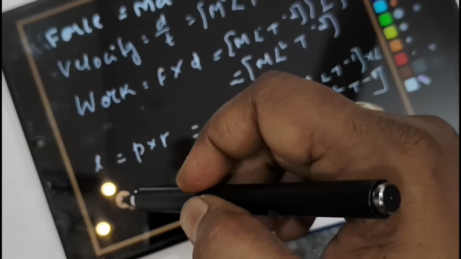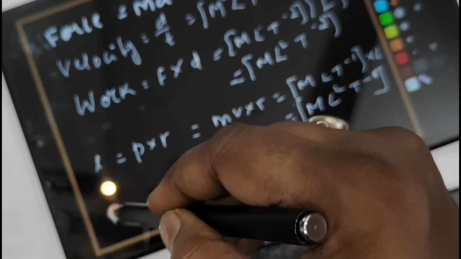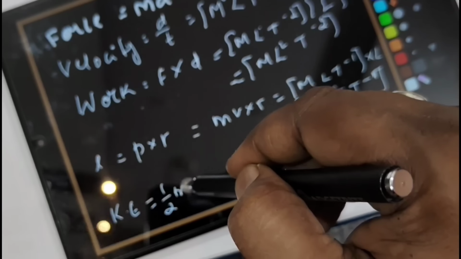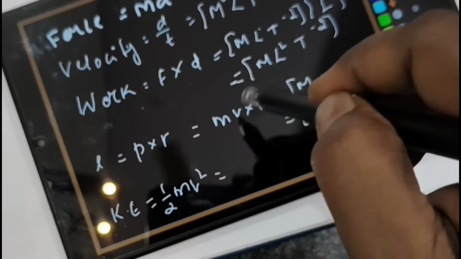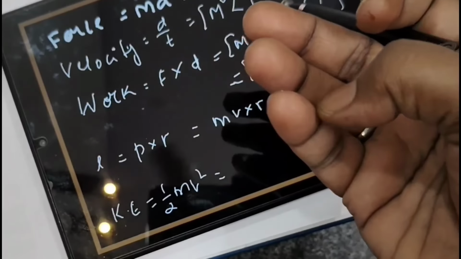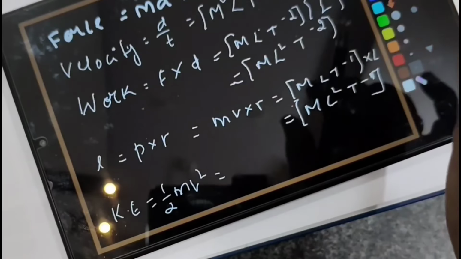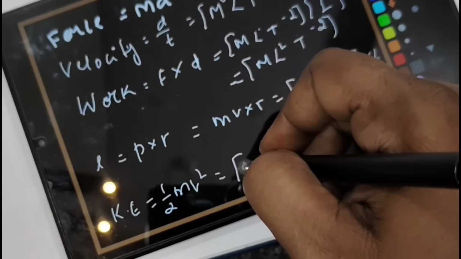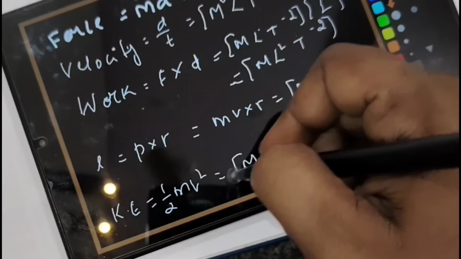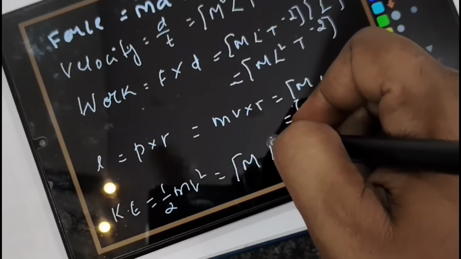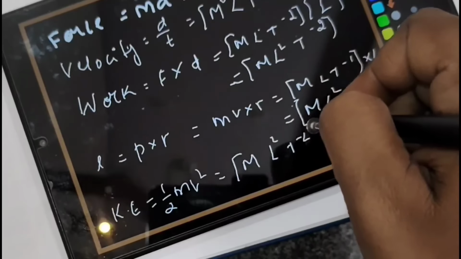Right? Okay. Now let us see the kinetic energy. Half m v square. So half we will not consider because it is a constant. So dimensions cannot be taken for constants and trigonometric functions. So here m is capital M and v square, that is the velocity, is L square T raised to minus 2.